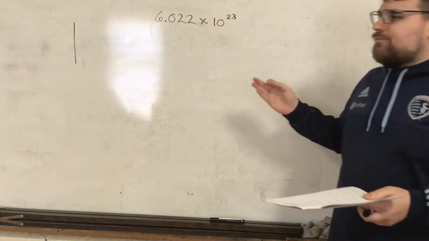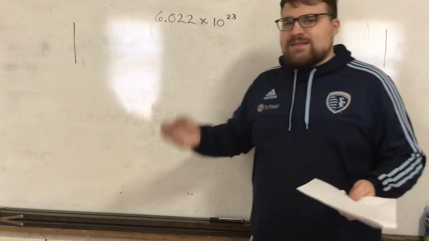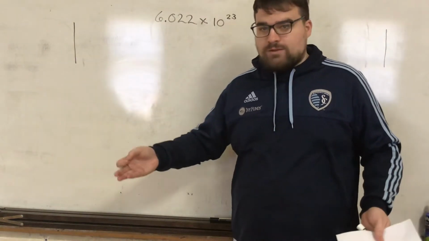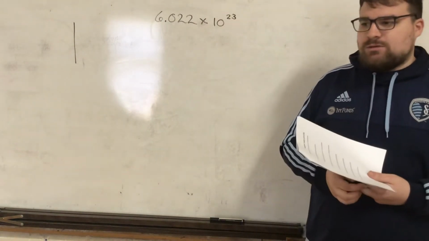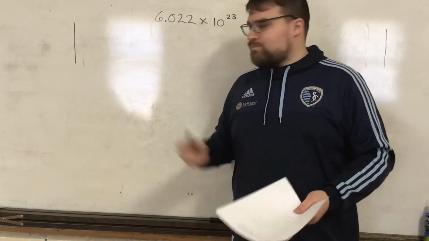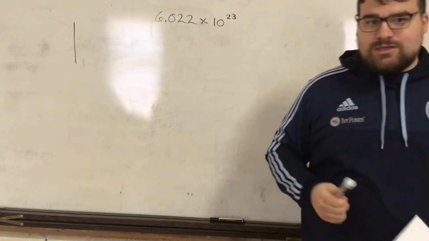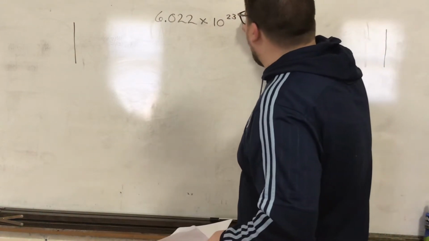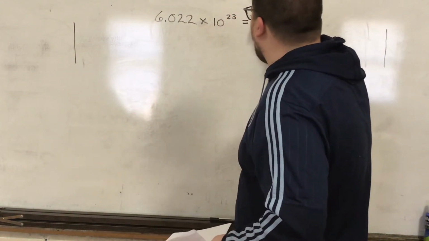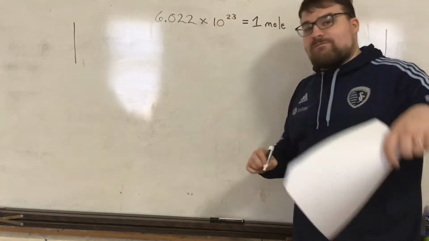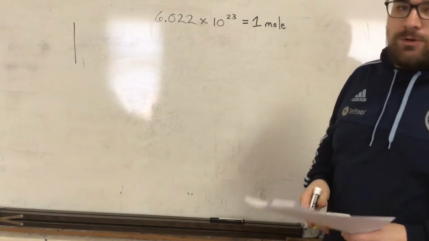We ask ourselves, how many moles is that? If that's how many molecules of water, of H2O, that we have, how many moles is it? Well, if it's this many molecules, that means it's 1 mole, right? That's 1 mole. I'm going to write that up here. I'm going to say this number of atoms equals 1 mole. Because we're going to be doing some conversions on this paper.